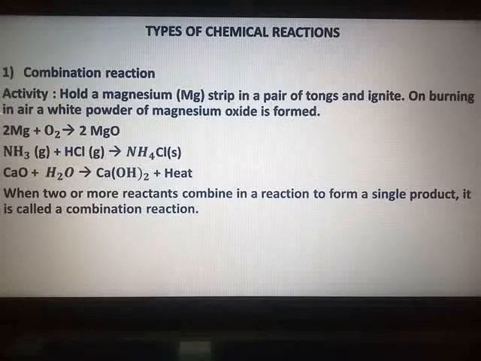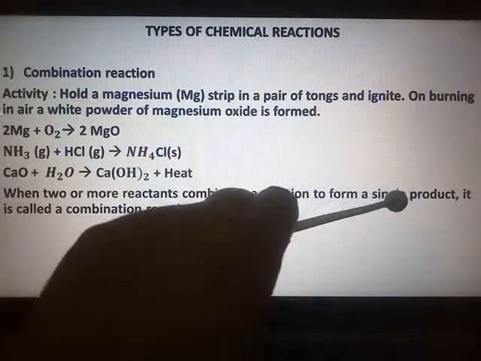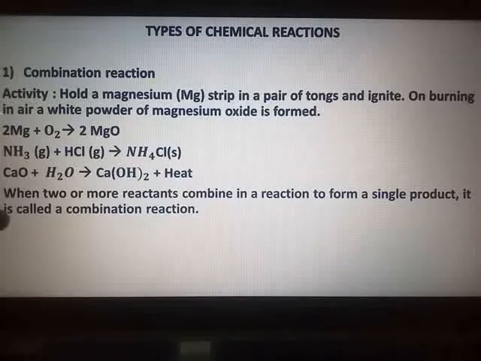So here also you can see slaked lime or calcium oxide is combining with water forming a single product, calcium hydroxide, and from these examples we can infer that when two or more reactants combine in a reaction to form a single product, it is called a combination reaction.